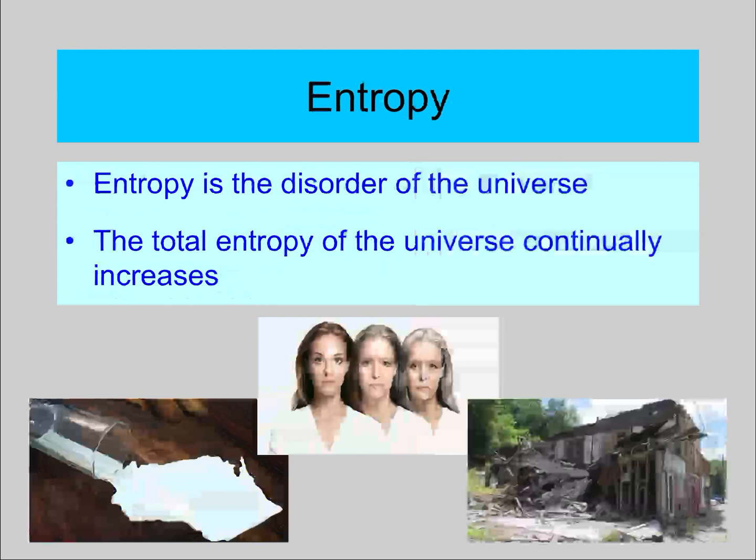The last term is entropy. Now, entropy is a measure of disorder of the universe, so how disordered it is. Now, we do know that the total entropy of the universe is continually increasing, a little bit all the time. The universe is expanding, and the entropy is growing. And so, some examples of entropy: you spill a glass of milk, you don't put the milk back in.